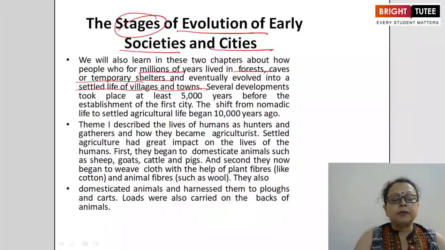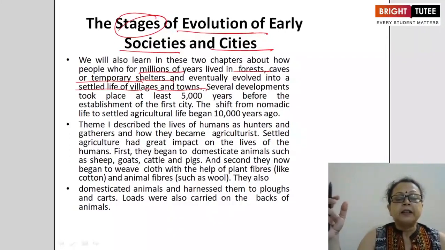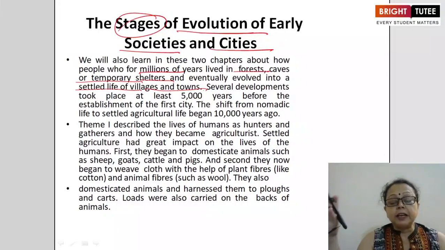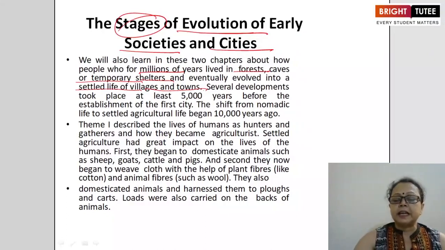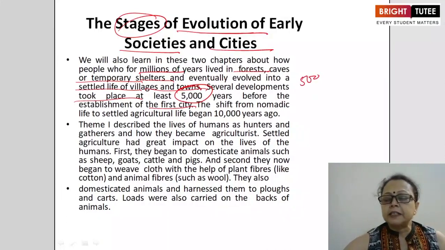The concept of towns and cities developed, and the villages, then agriculture, all such things we will discuss inside that. Several developments took place at least 5,000 years before the establishment of the first city.